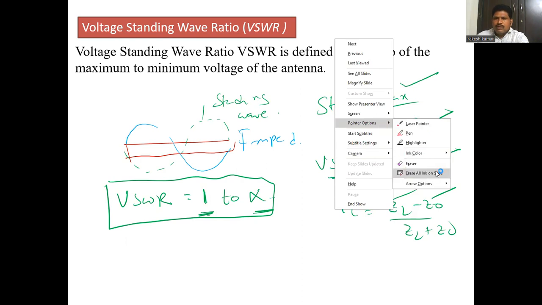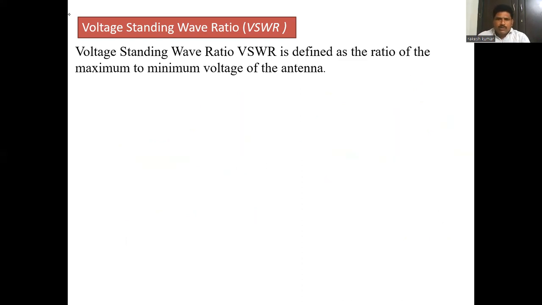Similarly here, what are the things you want to keep in mind? Like the threshold of minus 10 dB for return loss, here the VSWR value should be between 2 and 3. Any antenna, at the frequencies where its value is less than 2 or 3, is operating.